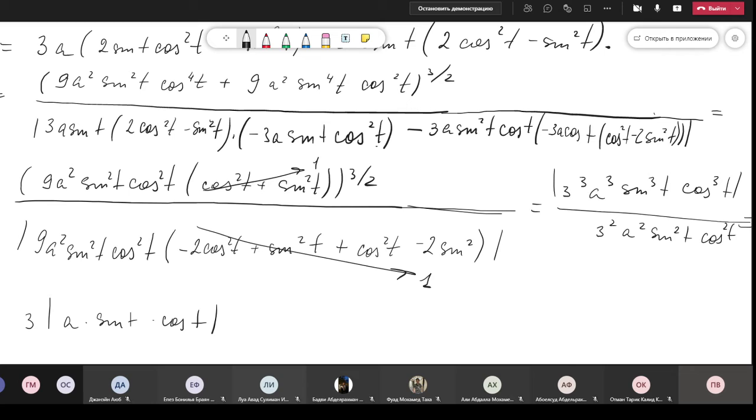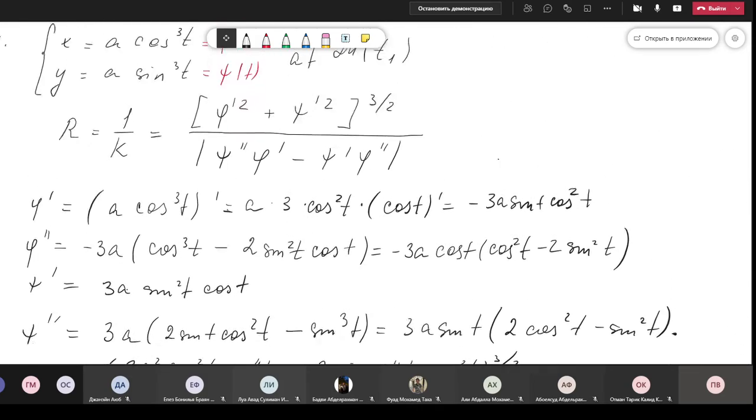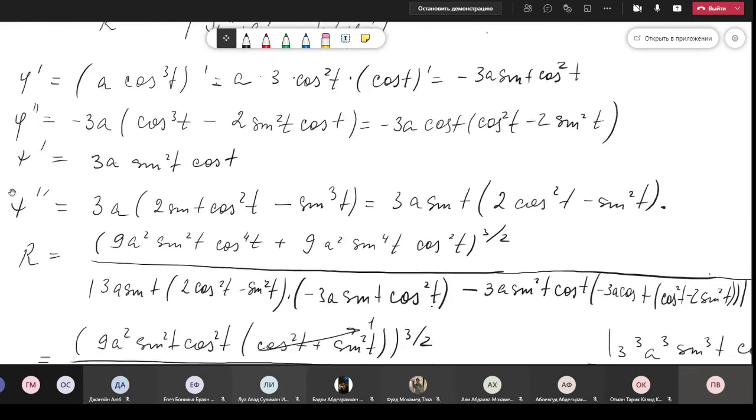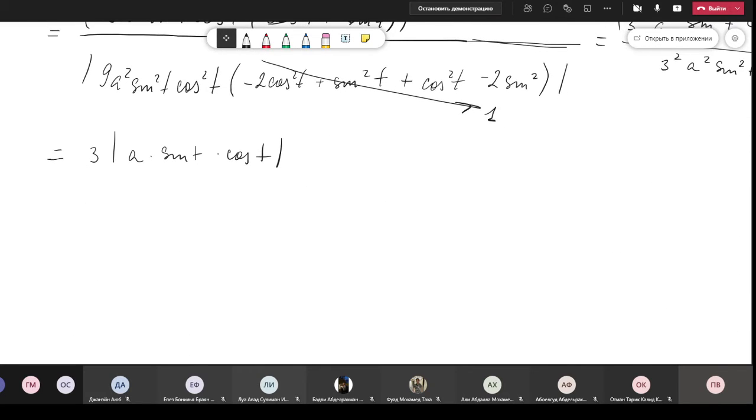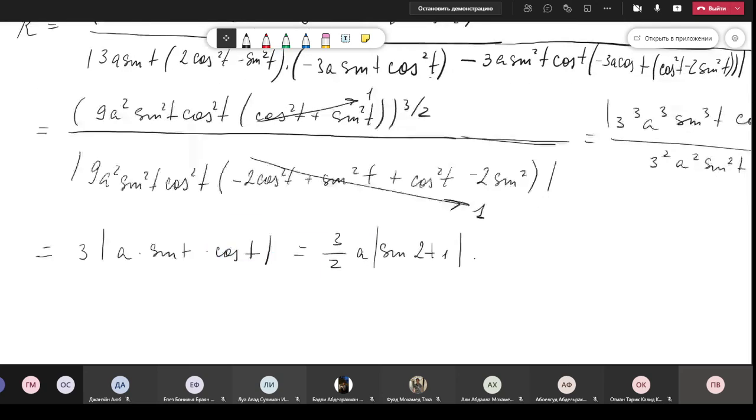It is our radius at what point? At point M with coordinate t1. 3 over 2 a sine of 2t1. Yes, it is our radius.